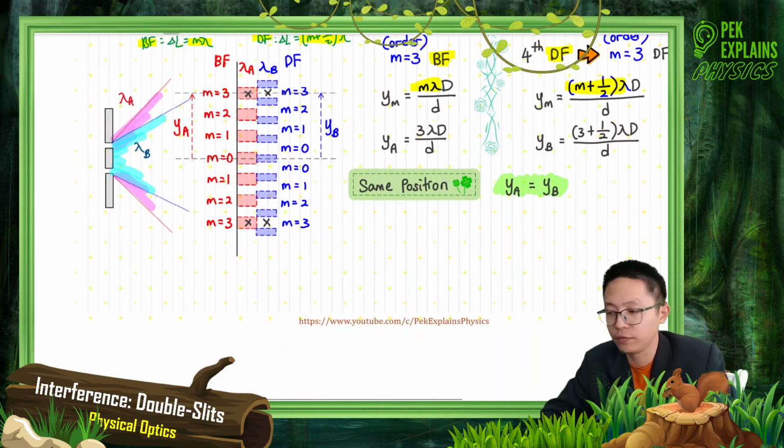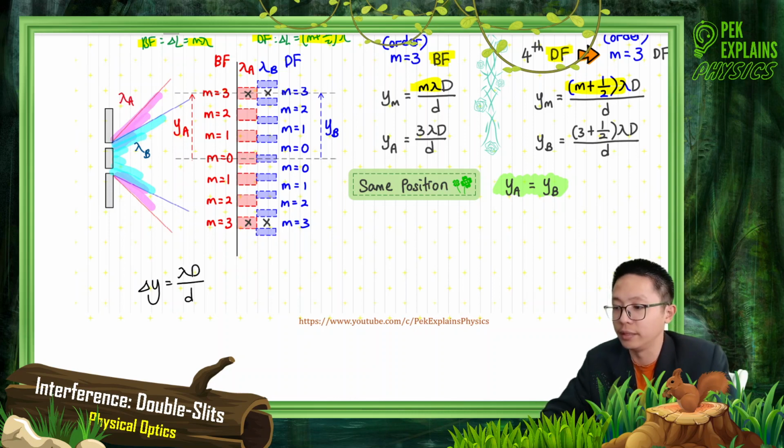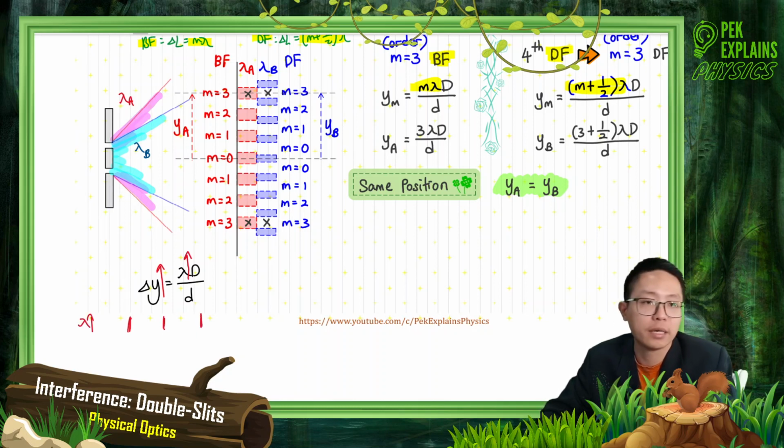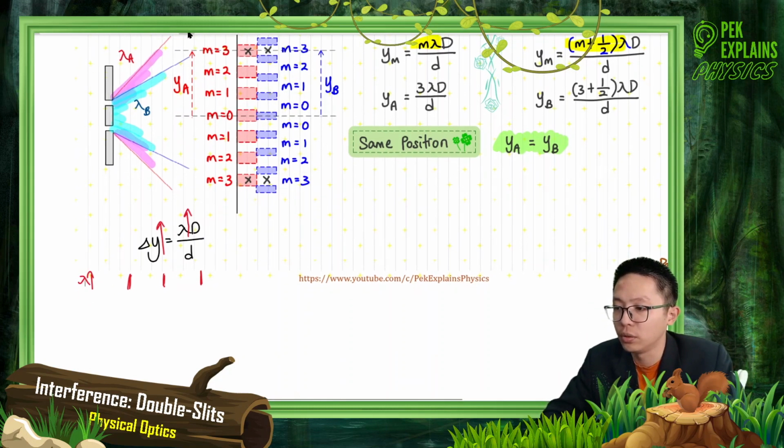If you look at the formula for delta Y, the delta Y depends on the lambda. If you have a longer wavelength, the fringes are separated even more.